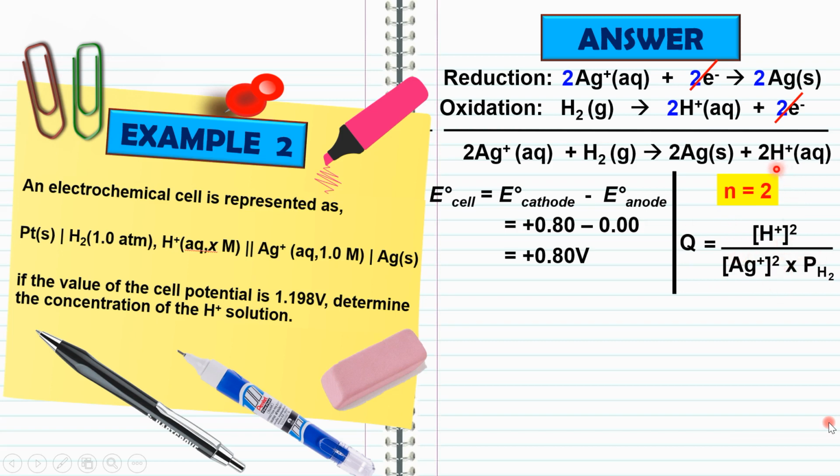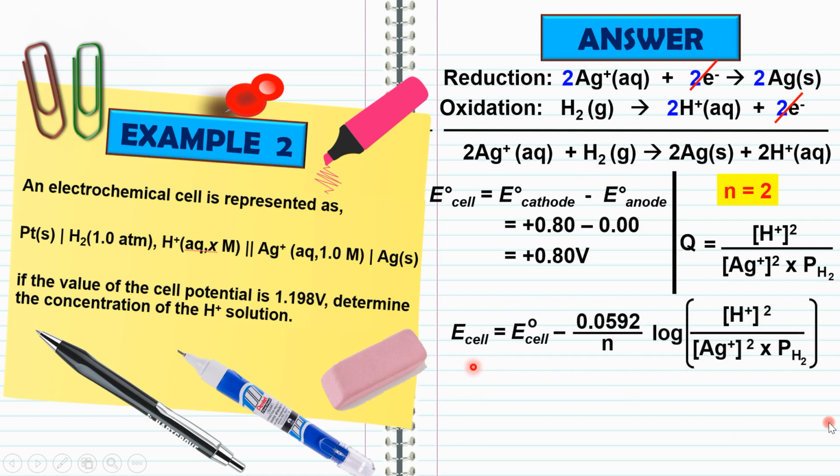Since the H plus ion has coefficient 2, it should be to the power of 2. Same thing goes for Ag plus, which also has coefficient 2, so concentration of Ag plus to the power of 2. Since hydrogen is in gas phase, you write the partial pressure of H2 like this.